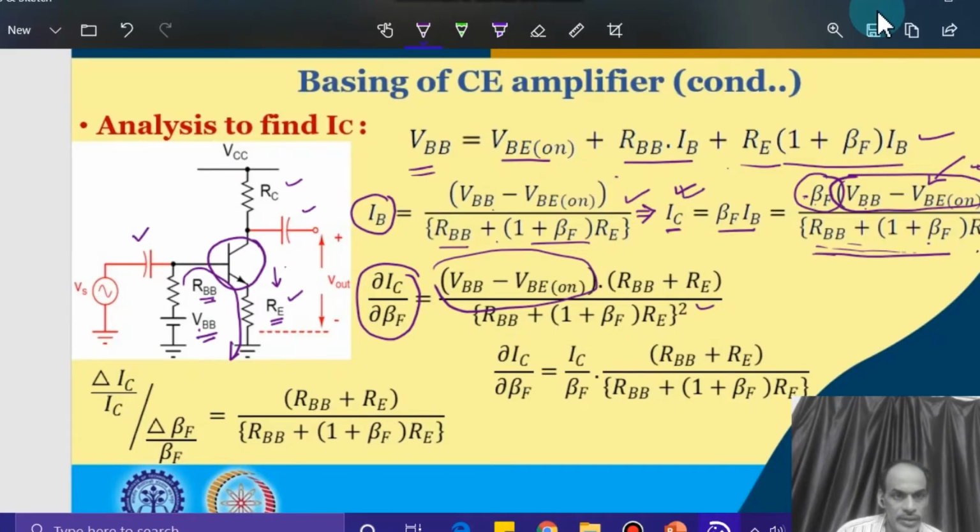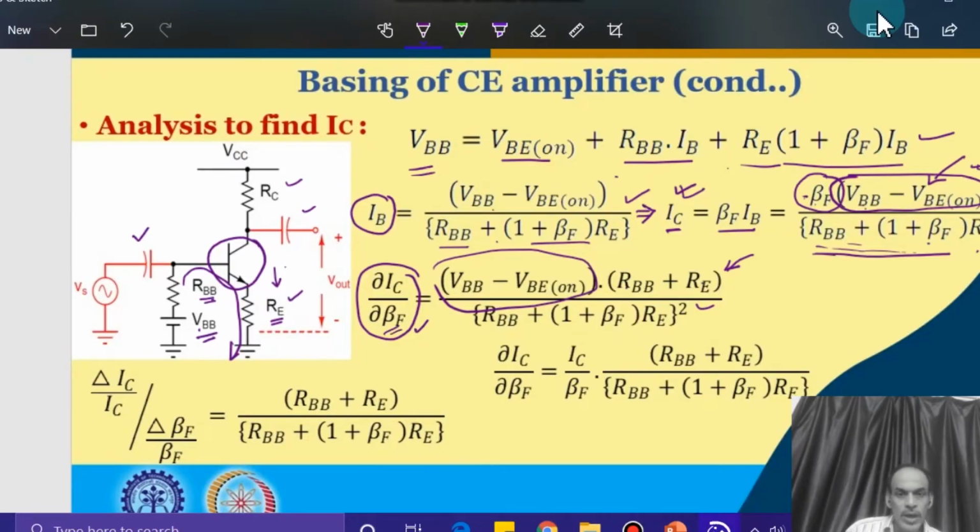So that gives us in the numerator RBB plus RE. So this is the sensitivity of the collector current with respect to beta variation.